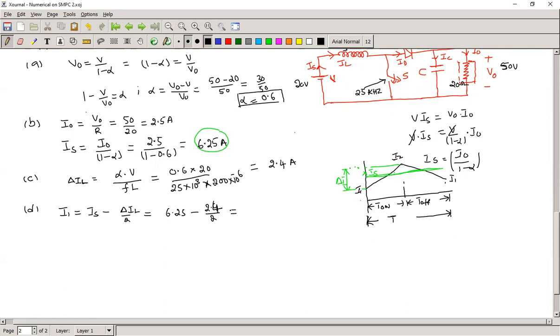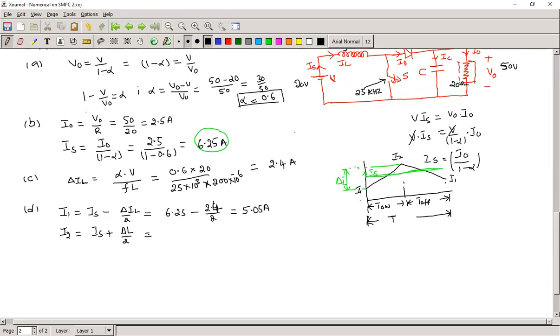So we are getting the value I1 as 5.05 amperes.